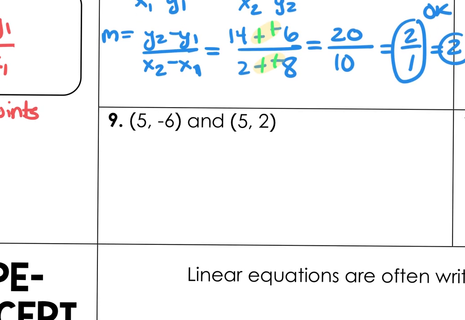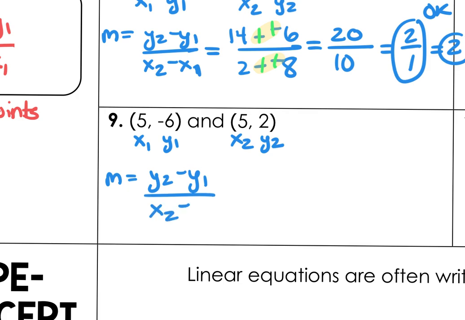Okay? Let's do one more together. Let's look at number 9. Label the ordered pairs: x1, y1, x2, y2, slope formula: y2 minus y1 over x2 minus x1.